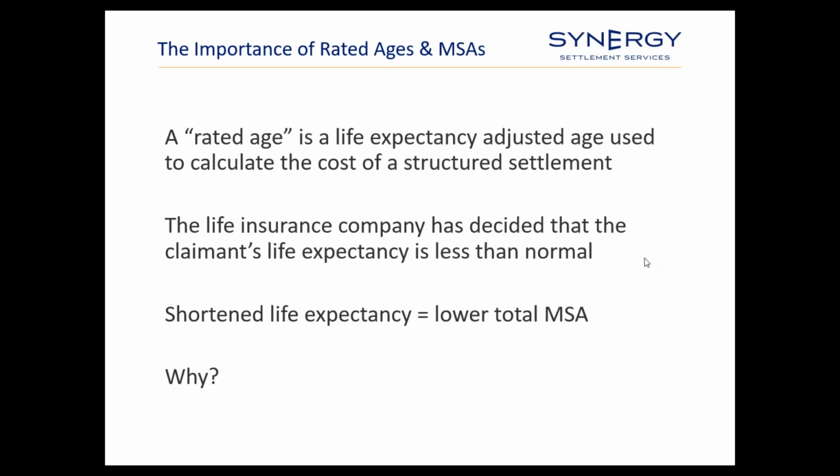So Medicare does allow you to present them with rated ages. So for a 40-year-old, as opposed to life expectancy being another 40 years, if justifiable, you can rate that age, and maybe it will come back at 50, and then the Medicare set-aside is based on 30 years, and that would create a 25% decrease in the total allocation to the MSA, which makes a big difference when you're carving out money from the legal settlements.